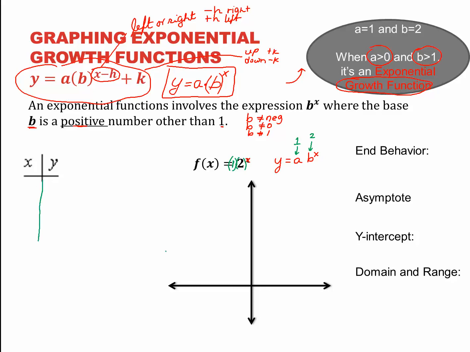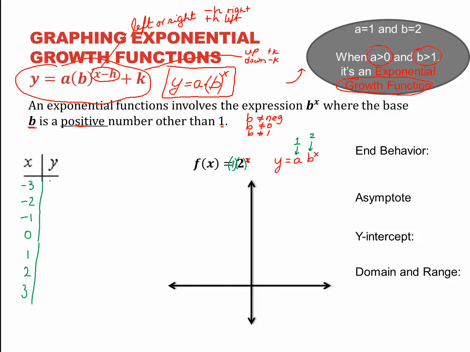All right, so if we're going to graph this, we're going to have to pick values. So I pick these values. And what we're going to do is plug this into the function.